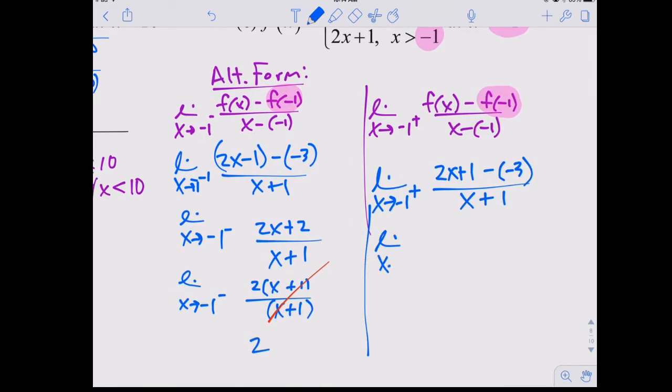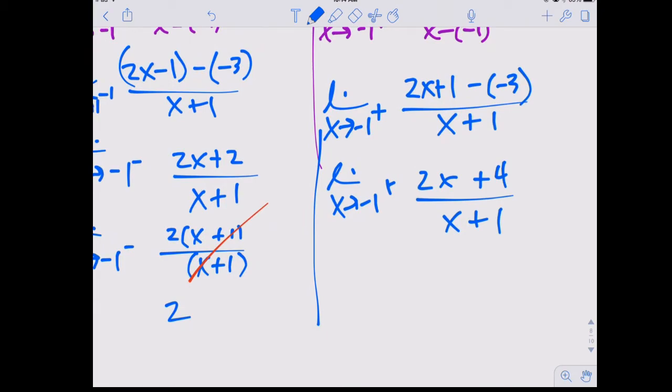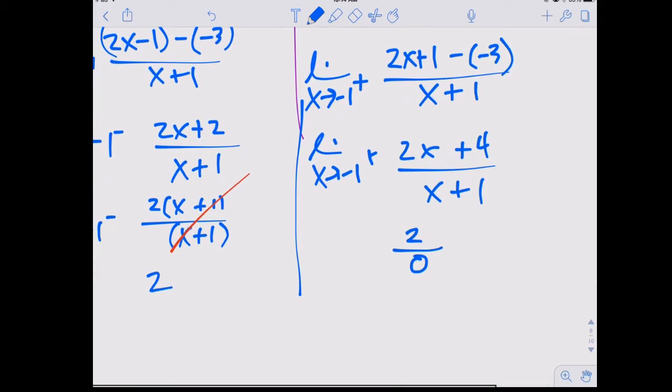If I evaluate that, I get 2x, and I get 3 plus 1, which is plus 4, all over x plus 1. How do we evaluate? Direct substitution here gives us 4 minus 2, which is 2 over 0. And what's 2 over 0? It's some type of infinity.